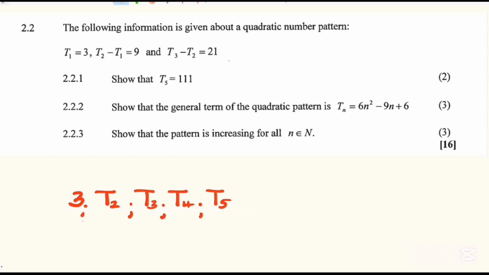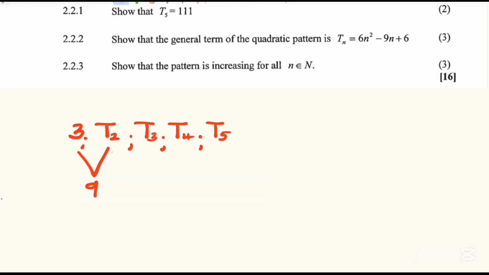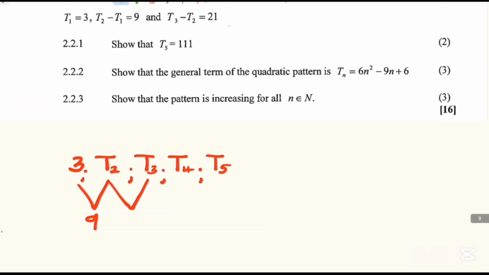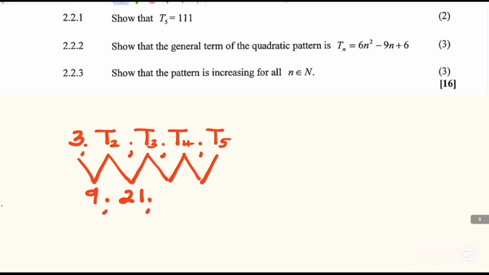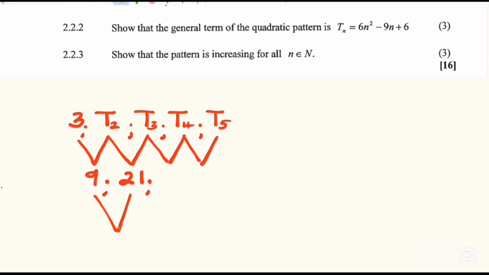But what we are given is that term number 2 minus term number 1 is equal to 9, and term number 3 minus term number 2 is equal to 21. And we have to determine term number 4 minus term number 3 and also term number 5 minus term number 4. But for now, 21 minus 9 is equal to 12.